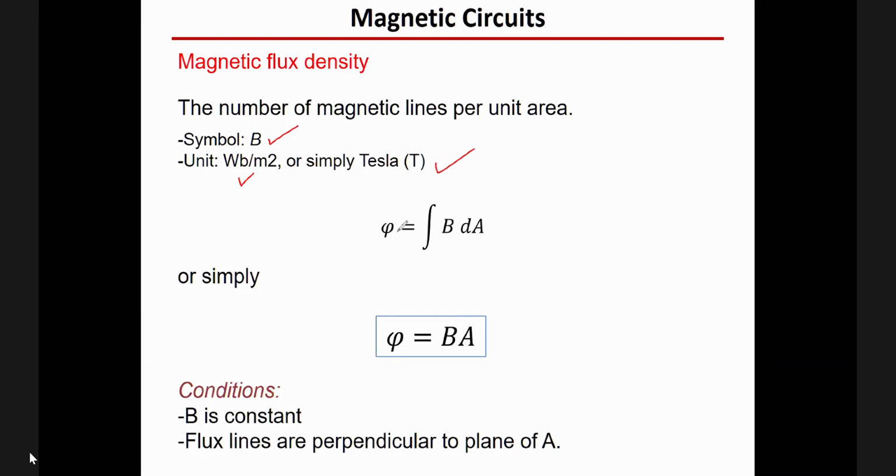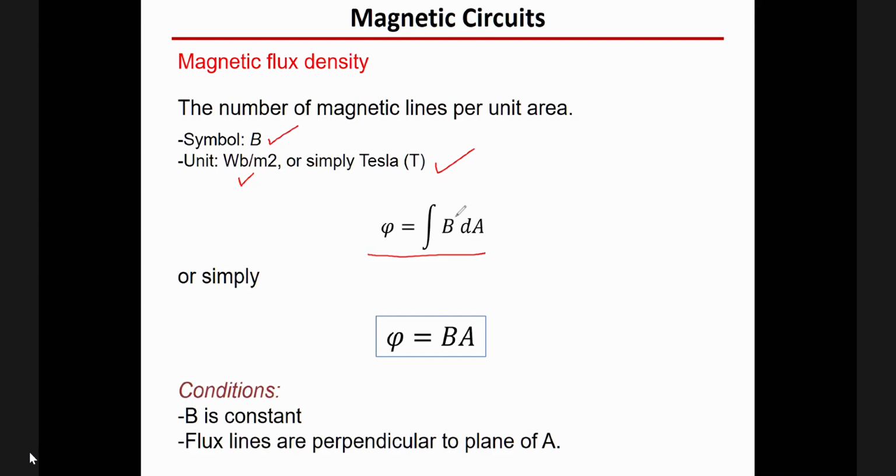So the flux is related to the density by the integration, or you can say the opposite. The density is related to the flux by the derivative. And this is the equation here. The flux is equal to integration of density over area.